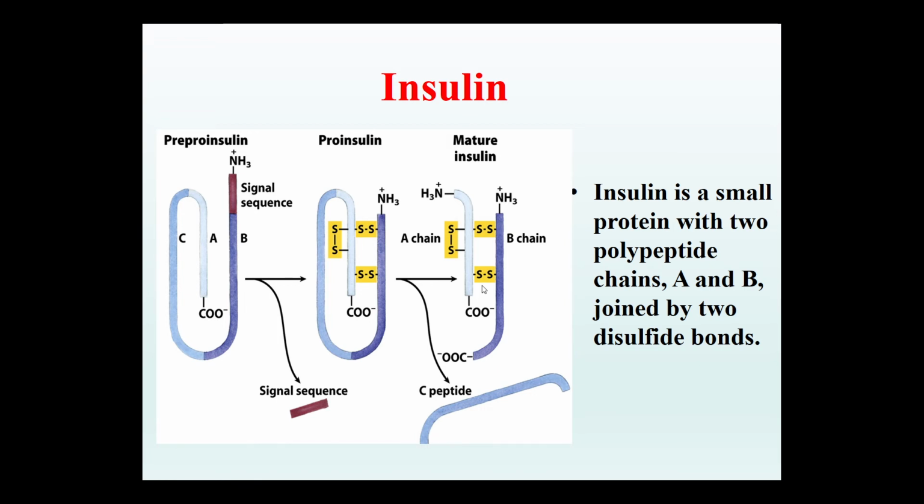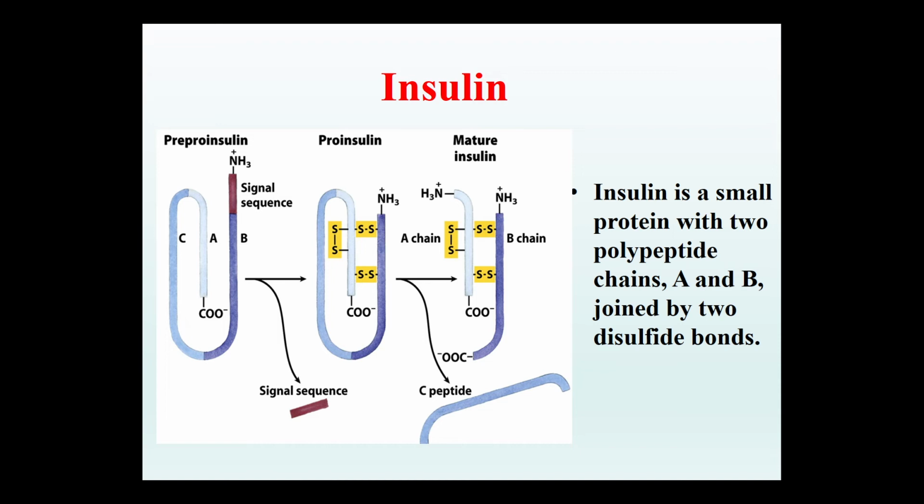It is synthesized in the pancreatic beta cells as an inactive single-chain precursor, pre-proinsulin, with an amino terminal signaling sequence which contains 24 amino acids that direct its passage into secretory vesicles.